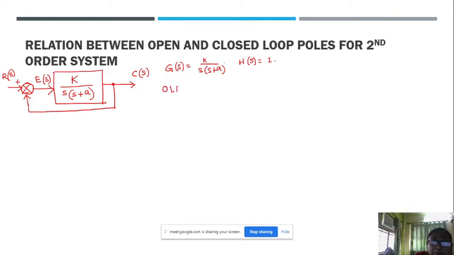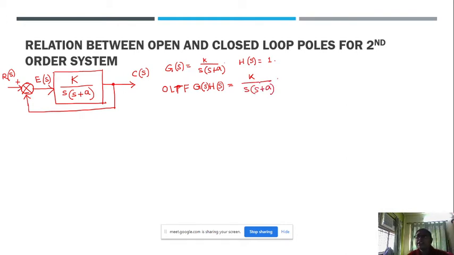Open loop means G(S) into H(S), as we discussed in our previous class. The open loop transfer function is G(S) into H(S), so it will be K by S into S plus A.